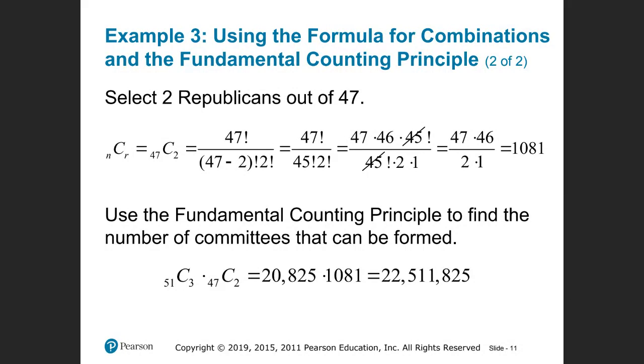So the N is 47, R is 2, and we end up with 1,081. Then, using the fundamental counting principle to find the number of committees that can be formed, we find the product of the 2 combinations, which gives us 22,511,825. And that concludes this lesson.